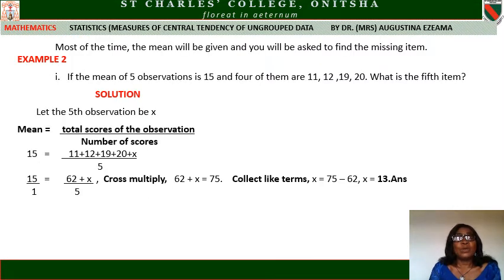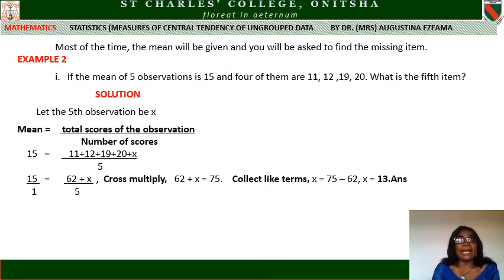Example 2. Most of the time, the mean will be given, and you will be asked to find the missing item. Example: if the mean of 5 observations is 15, and 4 of them are 11, 12, 19, 20, what is the 5th item? Solution: first of all, assume the 5th position to be x.